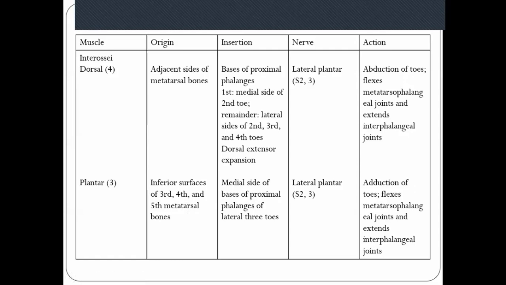They are also supplied by the lateral plantar nerve. So the action of plantar interossei is adduction of toes. They help in adduction of toes, flexion of metatarsophalangeal joints and extension of interphalangeal joints.